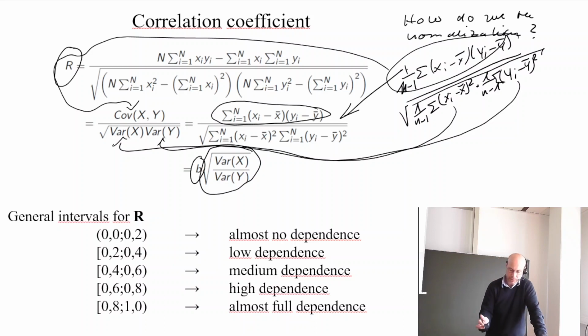So what we are doing is we more or less normalize the covariance via the product of both standard deviations.